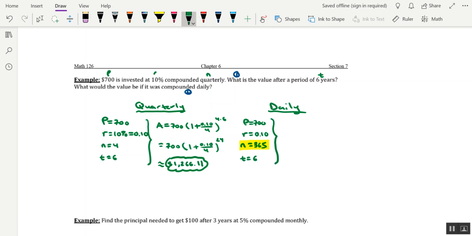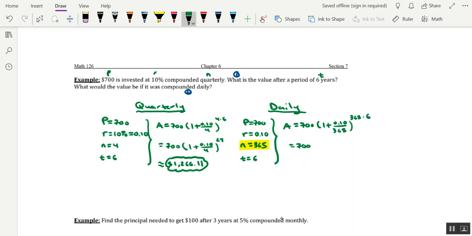So we'll plug this information into the formula for compound interest. A equals 700 times quantity 1 plus 0.10 over 365 being raised to 365 times 6.